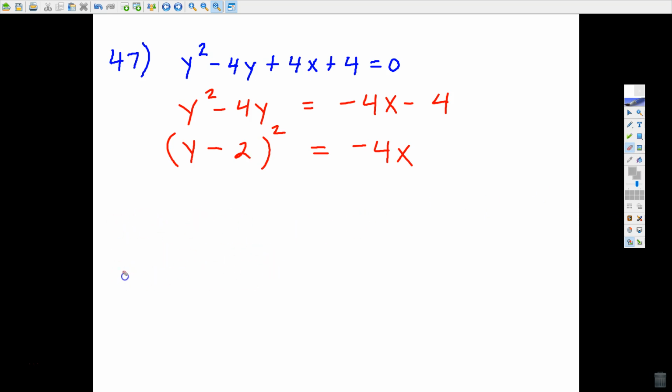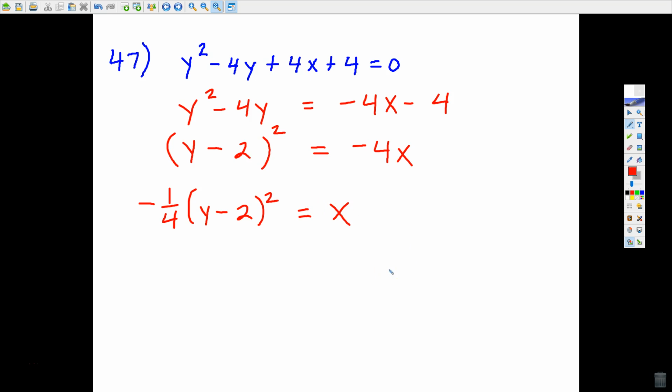We need to solve for x. So Lily, what's that look like in solve for x form? Okay, so what does that give us? Okay, and now we're solved for x.